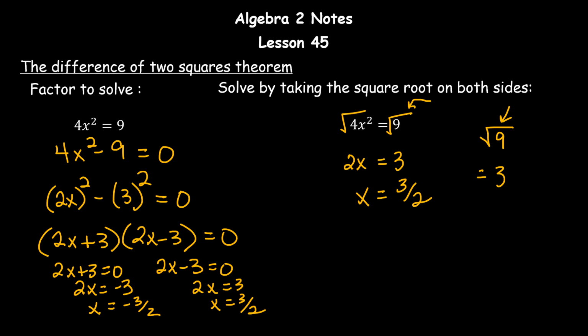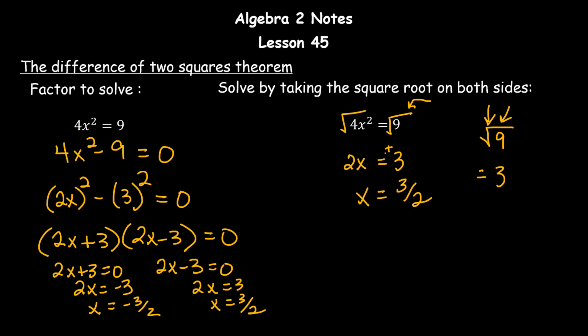But if we see this sign, the radical sign, the mathematical notation, the understanding of that notation is I'm talking about the positive square root of 9. However, if I'm solving a problem like this, if I take the square root on both sides of the equation, I need to know all the possible square roots that I'm dealing with here. So when I say square root of 9, now I need to include both square roots, the positive one and the negative one.